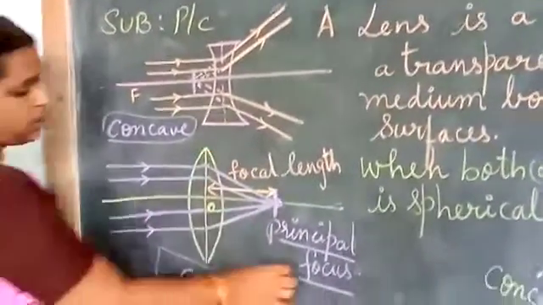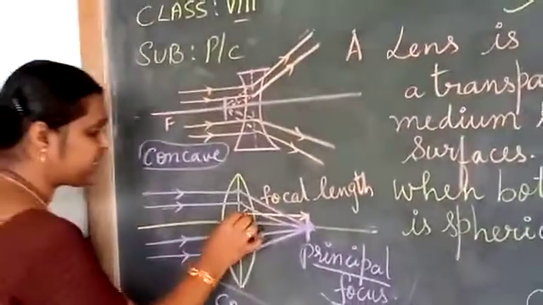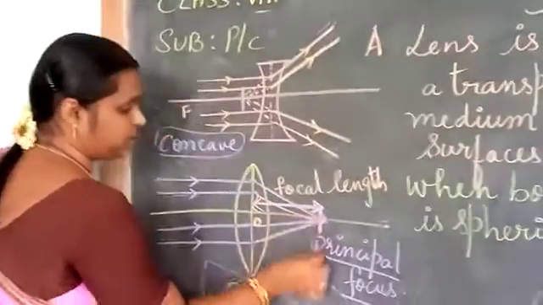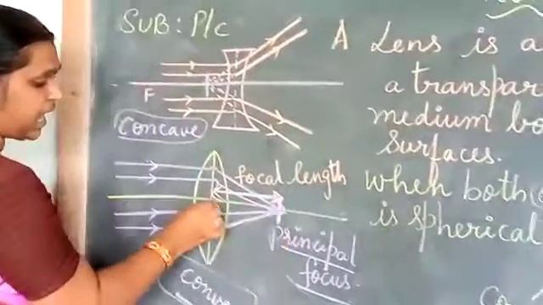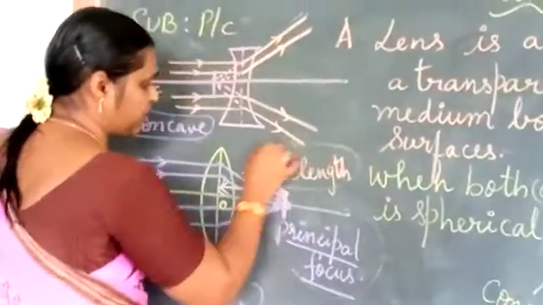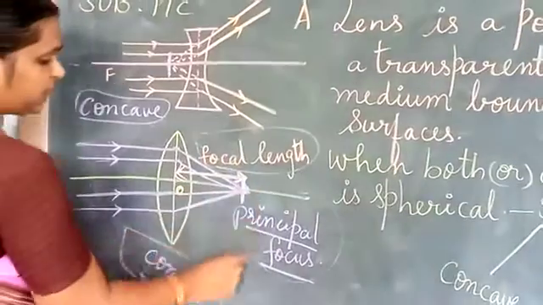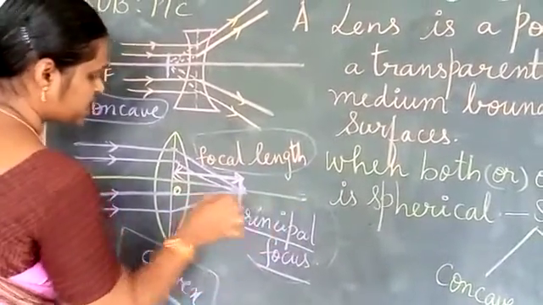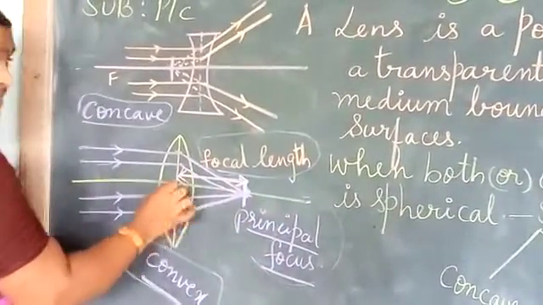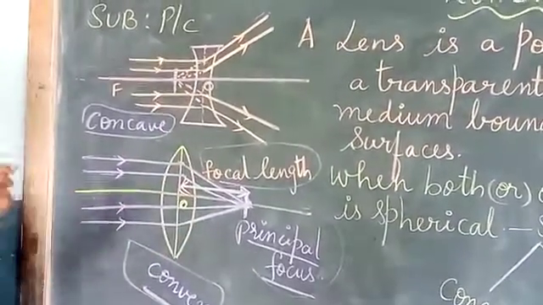That point is called the principal focus. Now, the distance between the principal focus and the optical center of the lens is called the focal length.